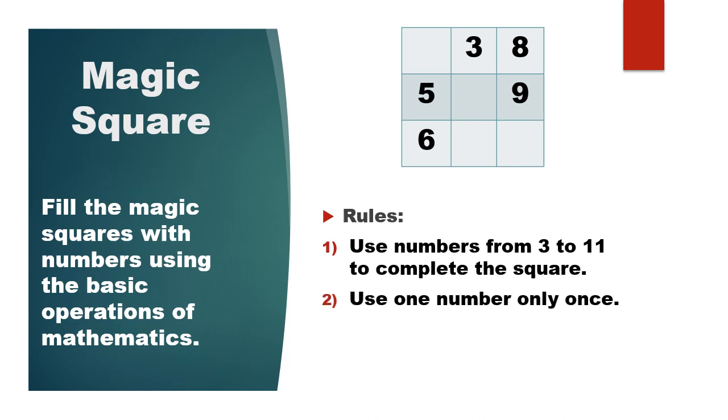The next rule is to use each number only once. And the third rule is that the sum along each line is 21. Now, following all these rules, we have to complete this magic square.